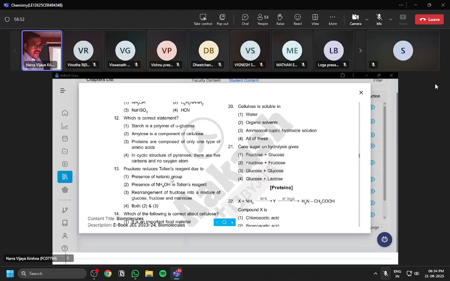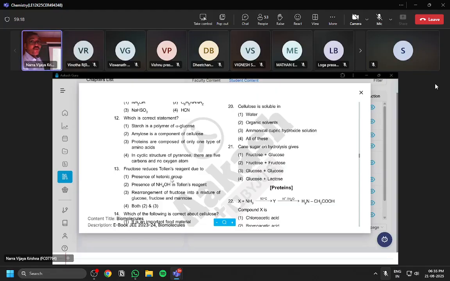Amylose is a component of cellulose. Proteins are composed of only one type of amino acids. In the cyclic structure of pyranose, there are 5 carbons and no oxygen atom. So which is correct?